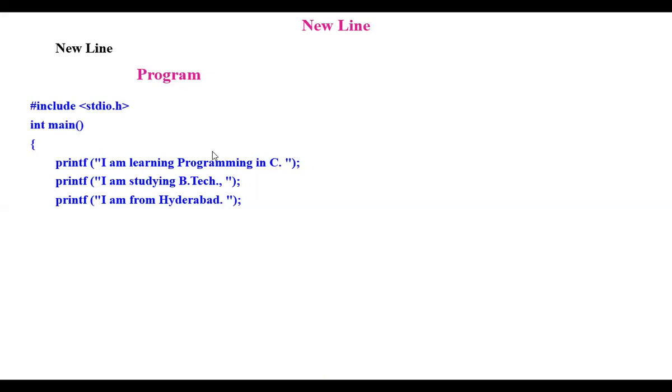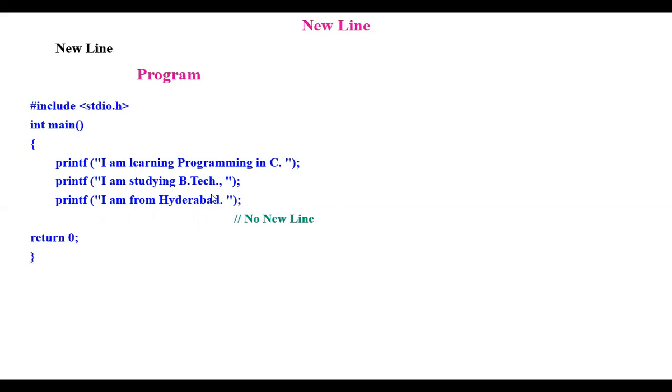But in the earlier program, we have this \n 3 times, in all the 3 printf statements. This new line is missing here. I haven't written this new line in this program.